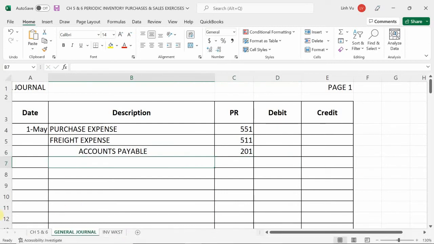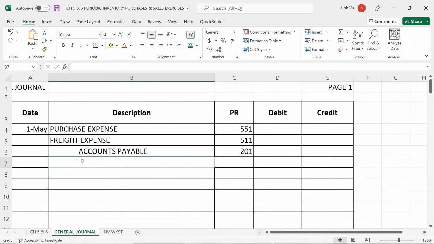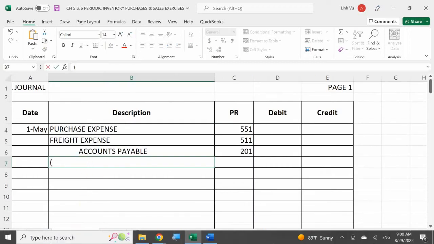Now, if we purchase, let's see. We purchased brown mugs for $2.65 each. So rule of thumb here is you would identify who you purchased it from. So we purchased it from Cuppy's Co. And we purchased 500 mugs at $2.65 each. Okay?